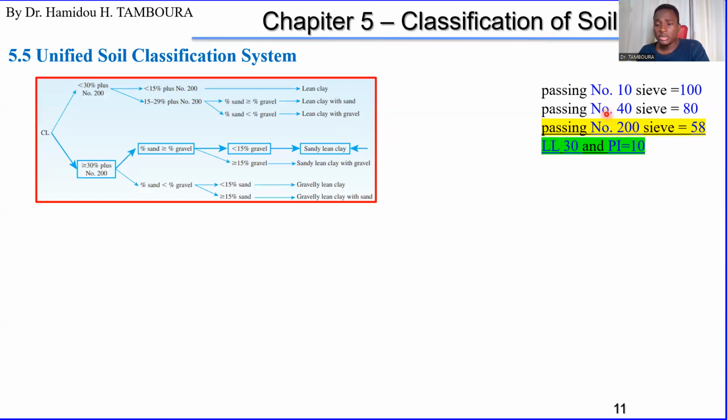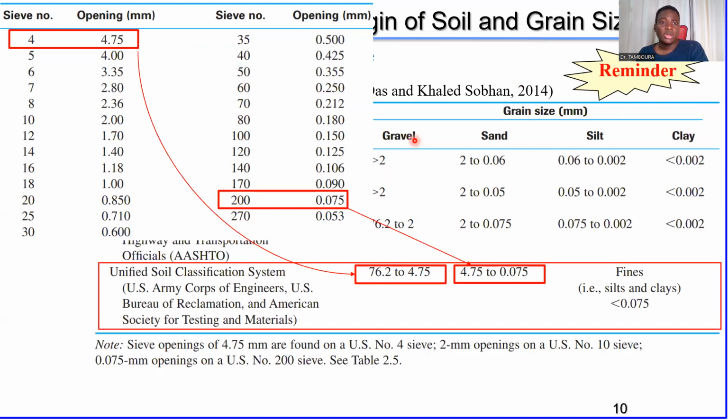But as you can see, for sieve number 10, which has an opening of 2 millimeters, 100% is passing.